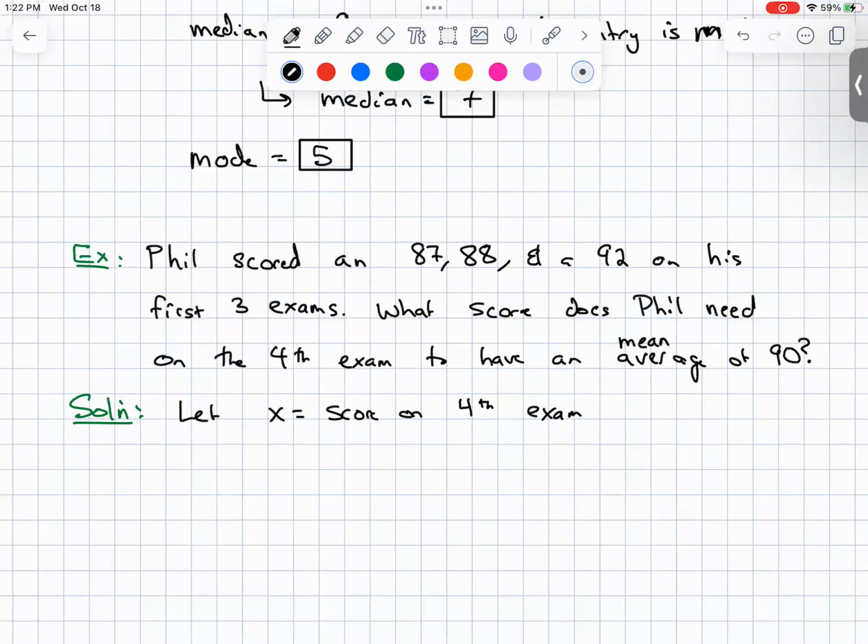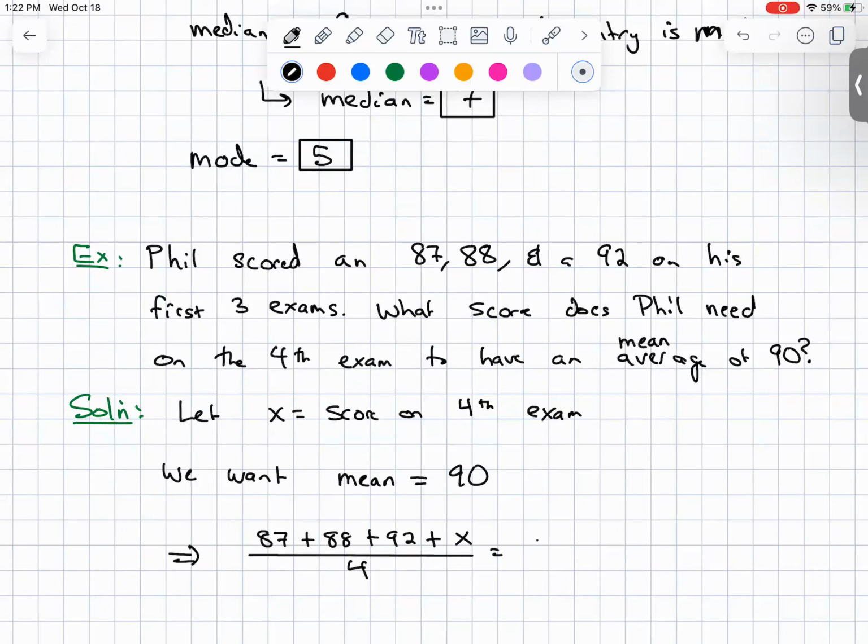We want the mean to equal 90, which means we have 87 plus 88 plus 92 plus X, divided by 4, is equal to 90.